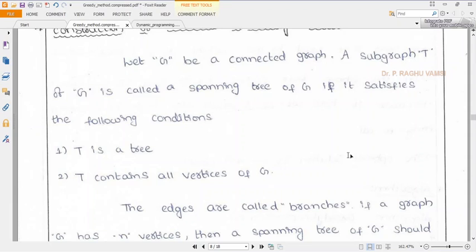We have to minimize the average waiting time, so that is a minimization problem. In case of the optimal spanning tree, this is also a minimization problem.